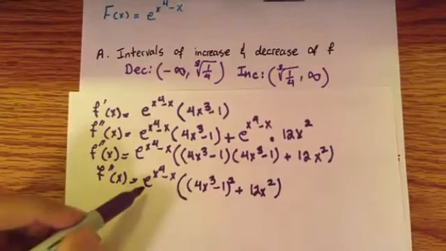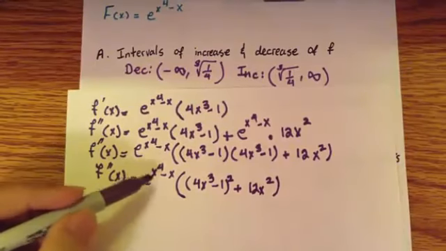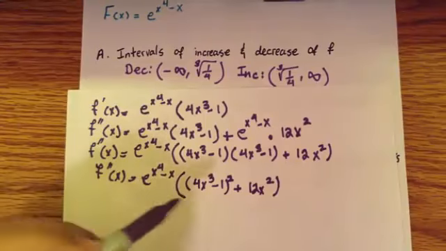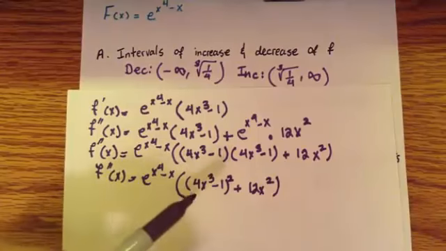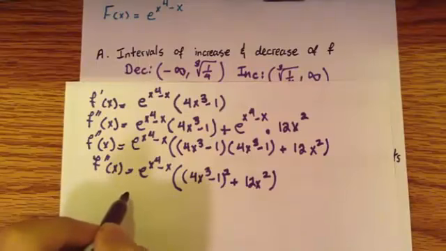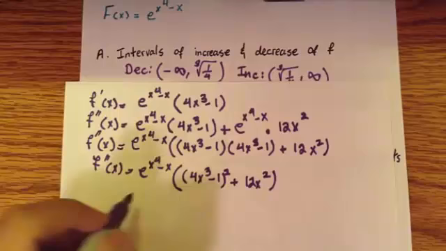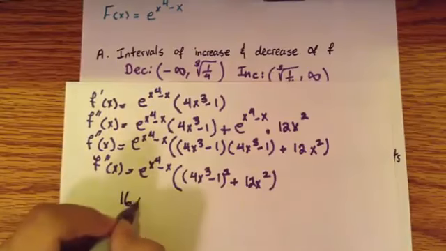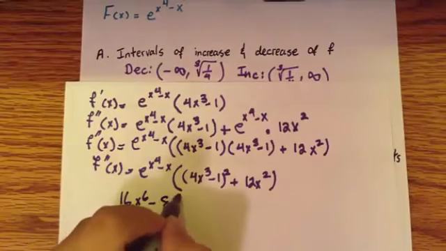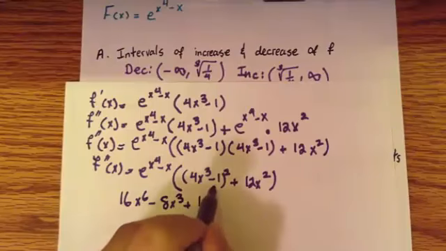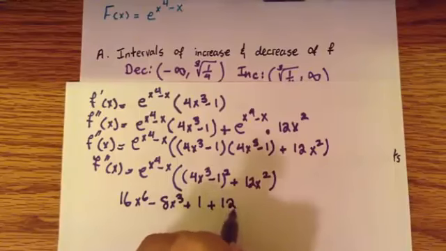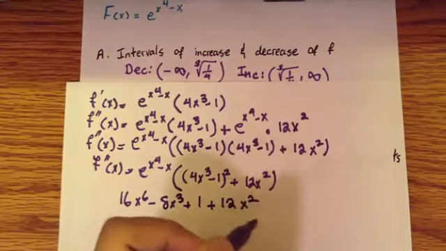Again, e to the power of x to the fourth minus x cannot be equal to 0, so we're not going to worry about that. Now we need to expand this part and set it equal to 0. This is a large one: we have 16x to the 6th power minus 8x cubed plus 1, negative 1 becomes positive, plus 12x squared.